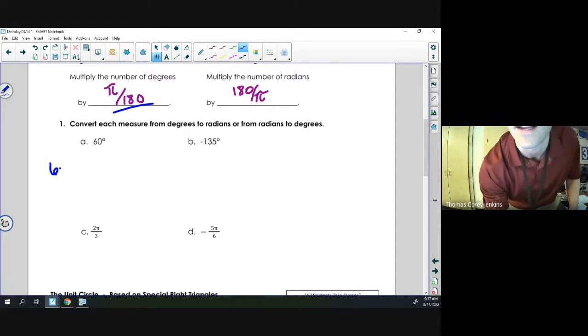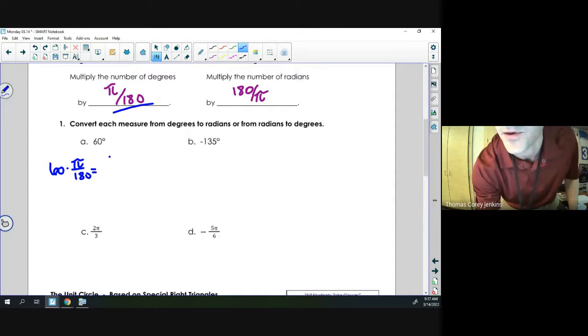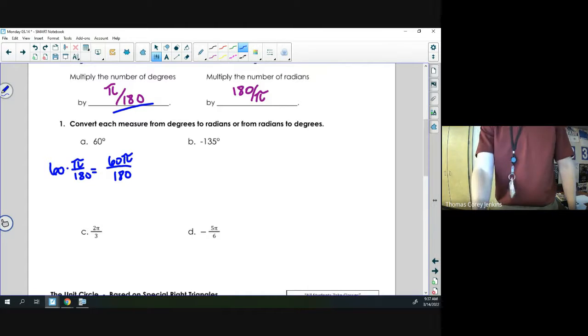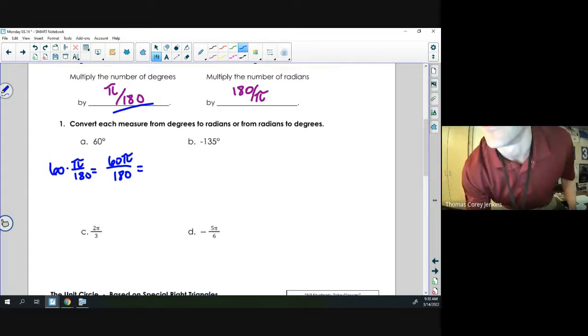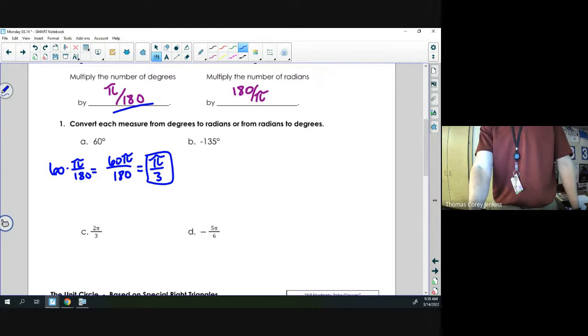So we want to take 60 times pi over 180. That is just 60 pi over 180. All you're doing there is reducing 60 over 180, which reduces to 1 over 3. So we get 1 pi, or just pi over 3. So pi over 3 radians is equivalent to 60 degrees.